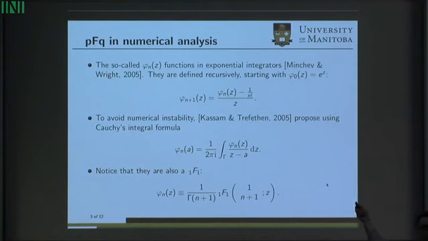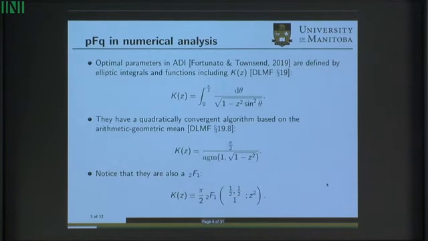But there's an algorithm to deal with them, and it couples well with the setting in exponential integrators where you're dealing with a linear operator, and it's to use Cauchy's integral formula. But they are a 1F1, so I just wanted to make that connection. They also appear in choosing optimal parameters in ADI.